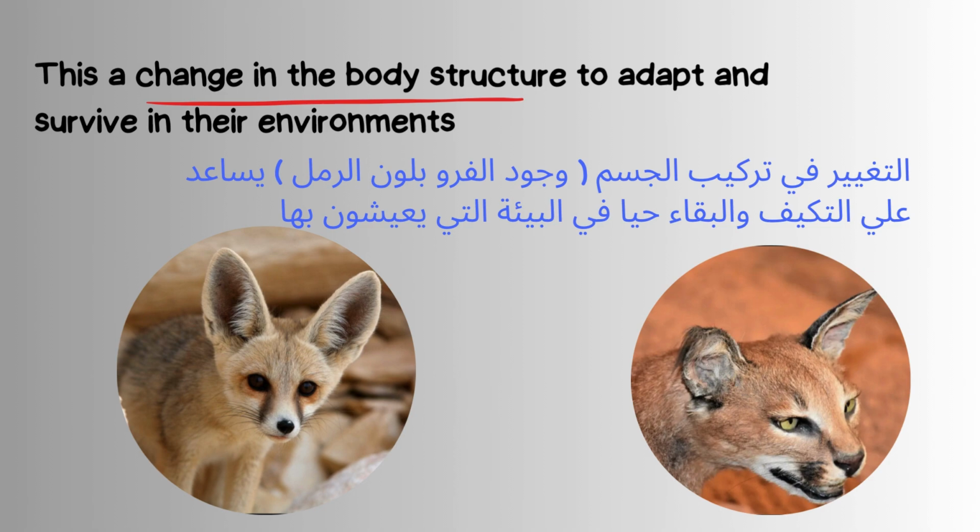Yes, this sandy color fur is a part of their bodies. So this is a body structure. So the change here in the body structure, that they have this sandy or tan colored fur, helps them to adapt and survive in their environment.